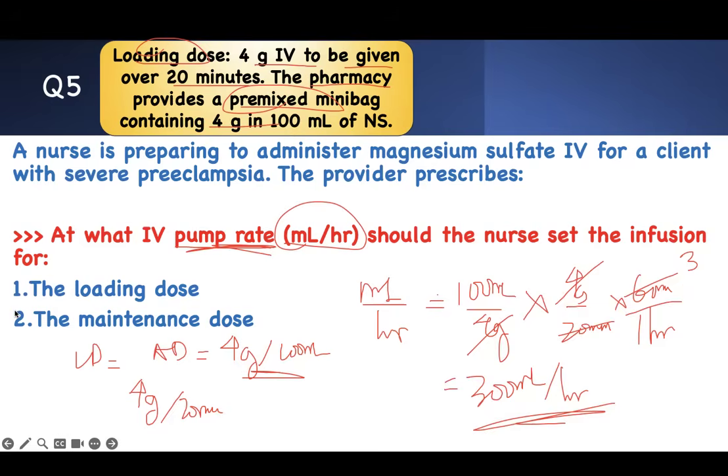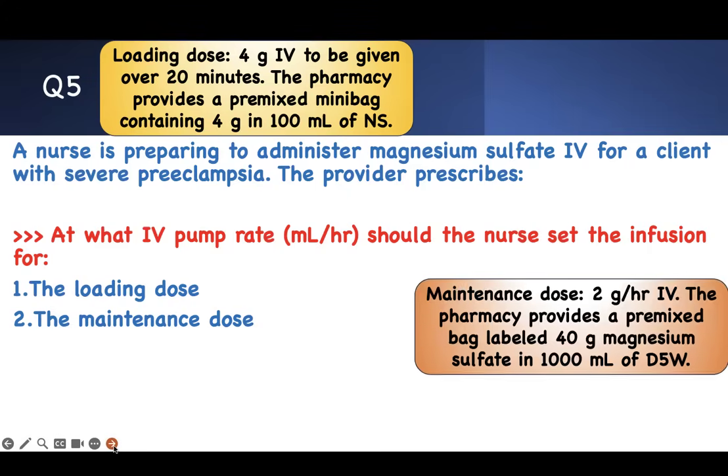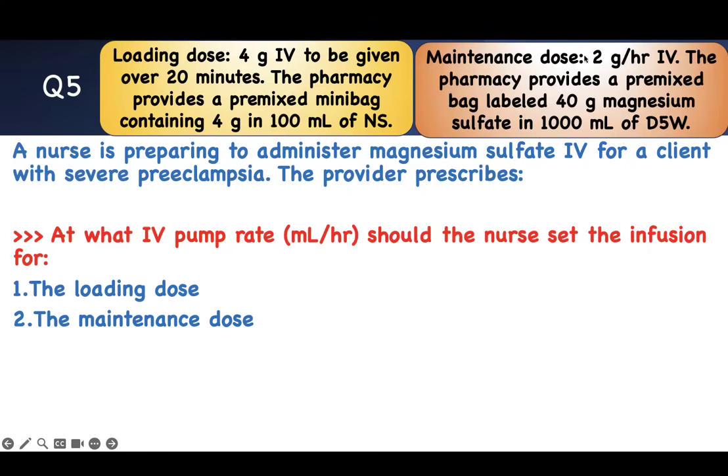Now, let's go back to the maintenance dose. It's the same thing. What have they given us for the maintenance dose? It's the same information. The maintenance dose, they say 2 grams per hour, IV. That's the maintenance dose they want you to do. The pharmacy provides premix, the same thing, but this one is 40 grams of magnesium in 1,000 ml.